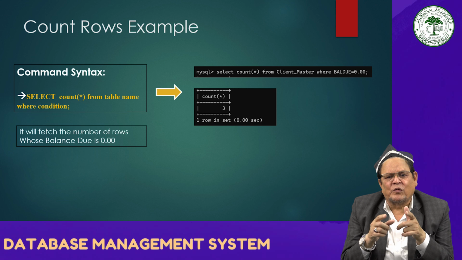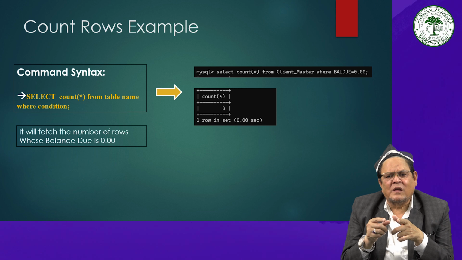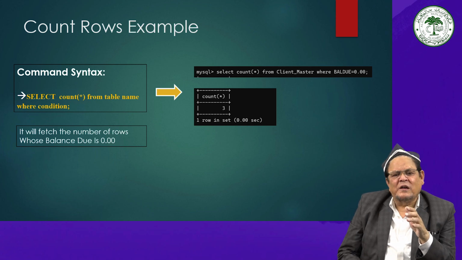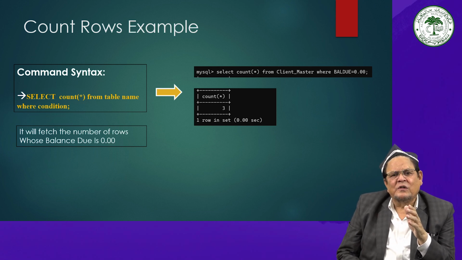So you have to write select count a star from student table where marks is equal to 75. It will show, say, 20 students have secured that mark. So depending on that, you can use it.